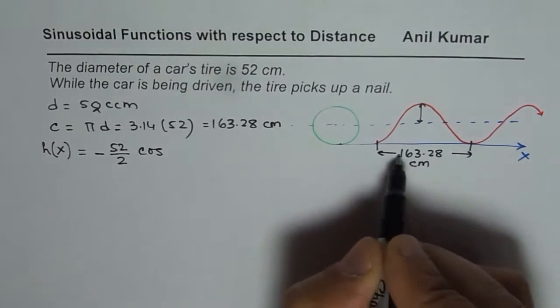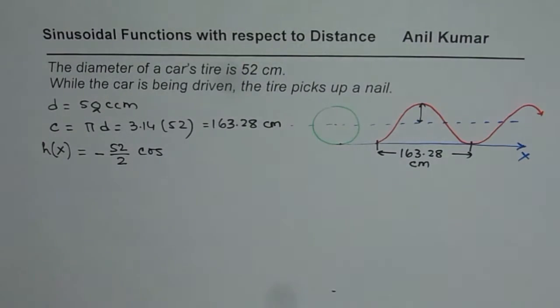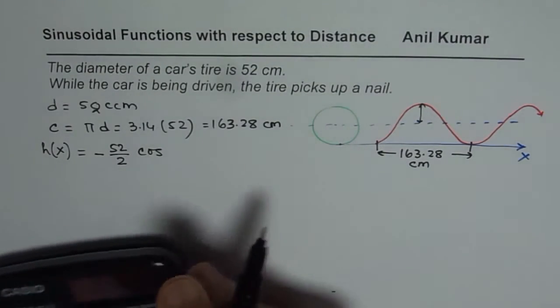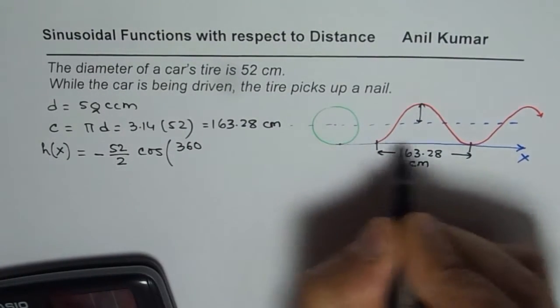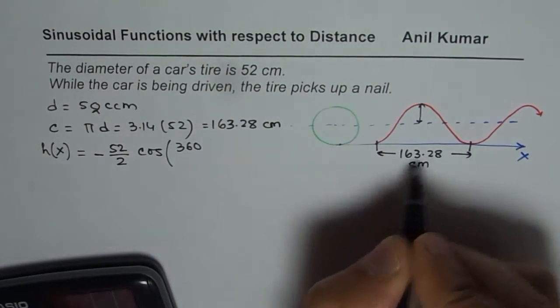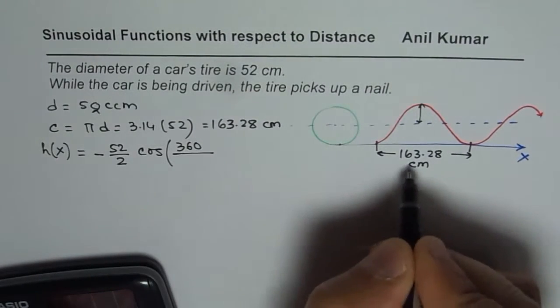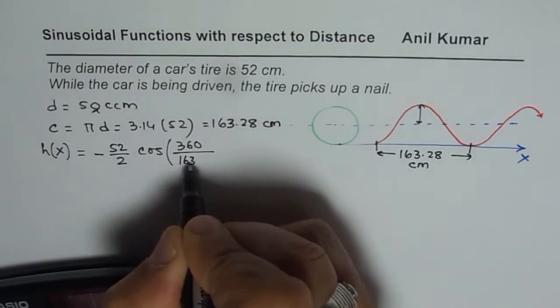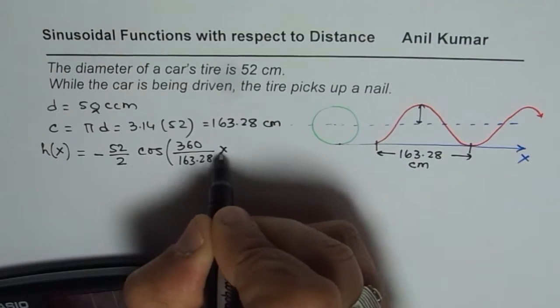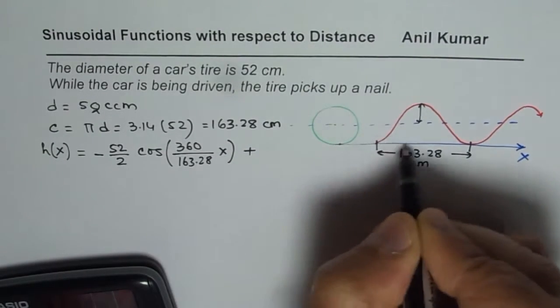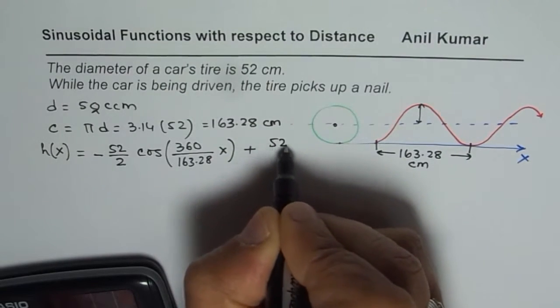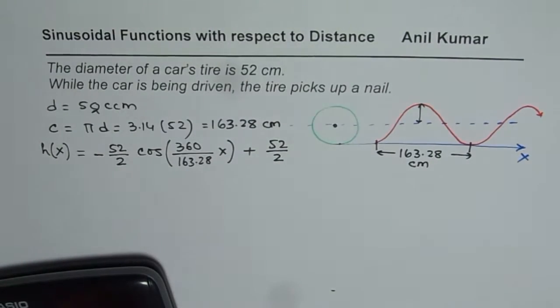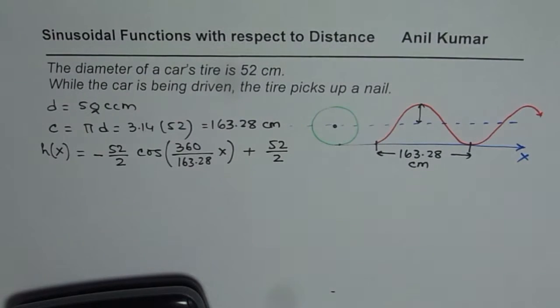The period is 163.28, and therefore we could write this as 360 degrees. Normally it is 360, but this time it has been reduced, and therefore it will be 360 degrees divided by 163.28 times x, plus the axis, which has moved half of 52 upright. So that is how we get the equation which we are interested in, the cosine function, right?